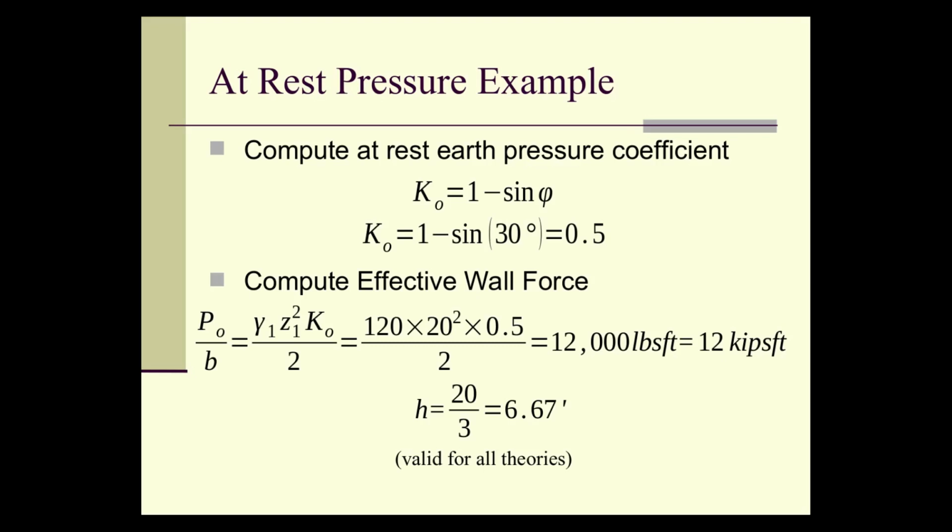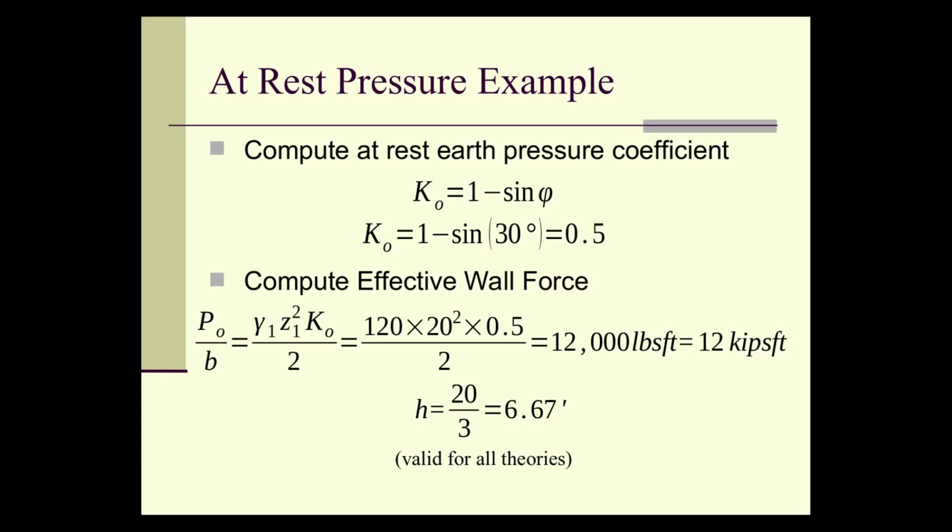Now, the P0 over B notation represents the fact that all of these are per unit length of wall. And this is another source of confusion. We've talked about this since the days of permeability, when we talked about per unit length of water flow. This is the per unit length of force.